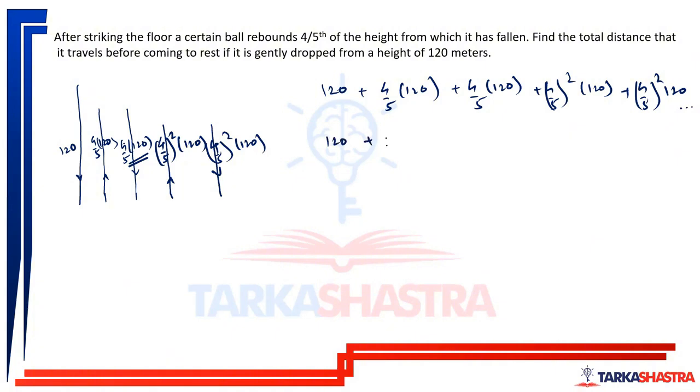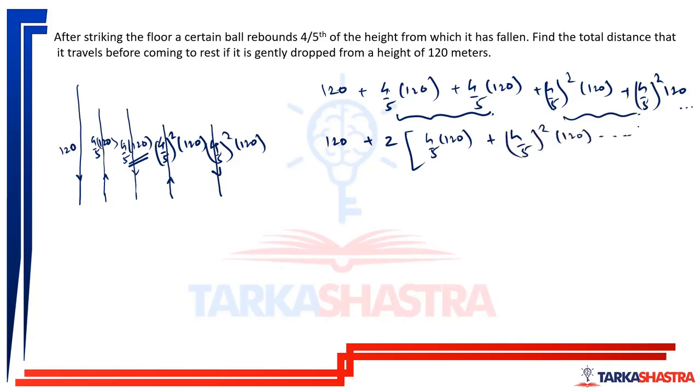So this is 120 plus 2 into 4/5 of 120, then this term is also 2 times (4/5) square of 120, and so on.